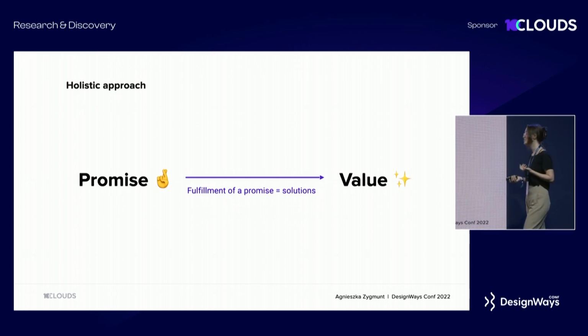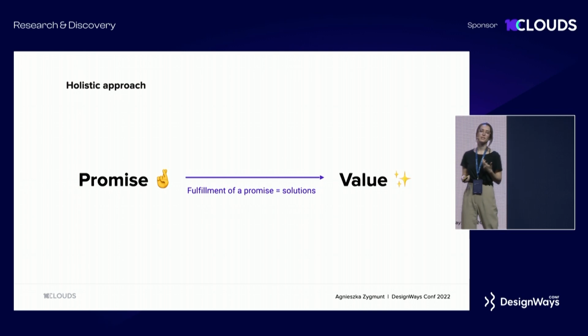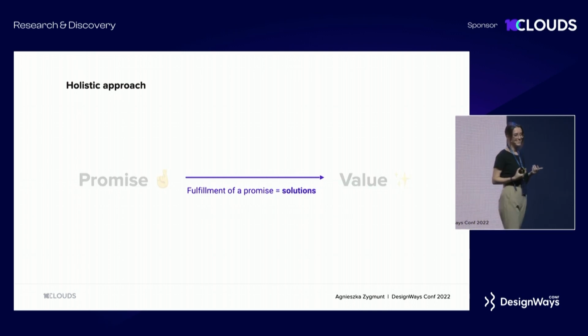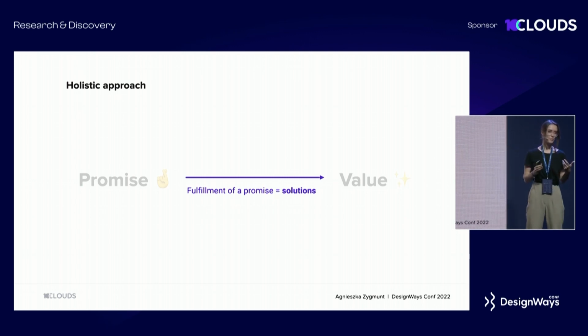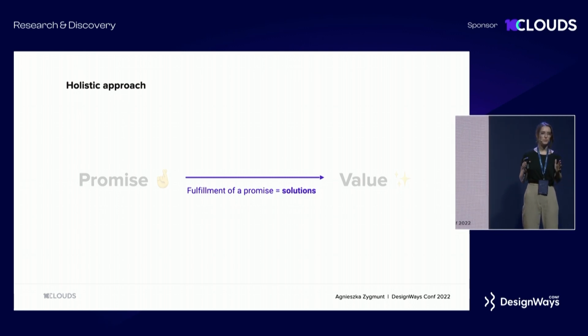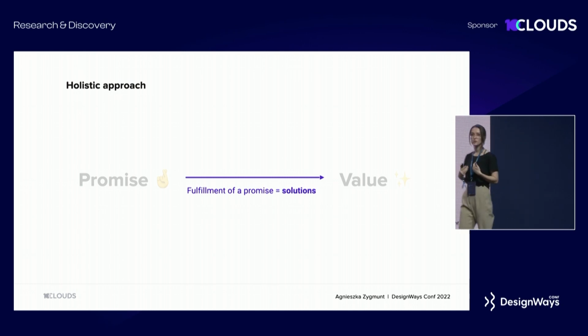But in a normal situation, we are working on really complex projects. So it's quite normal that even if we know that we have the promise and we know that we have the value, we are focusing mainly on the middle part. So we are focusing mainly on the fulfillment of the promise, so on the solution. And it's OK.